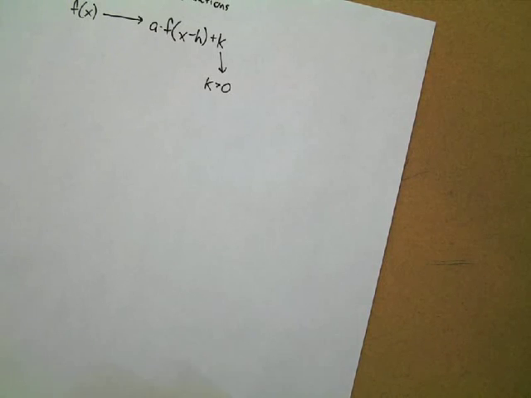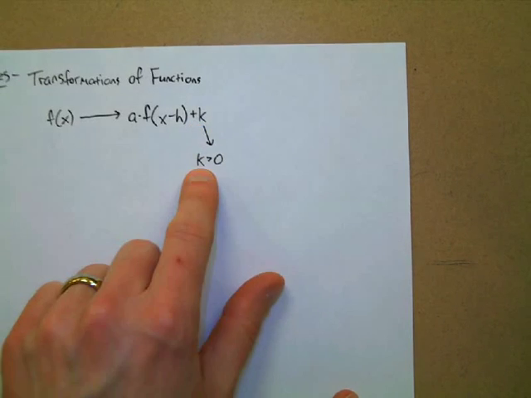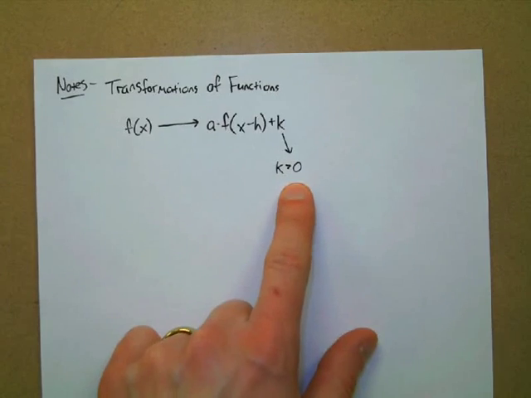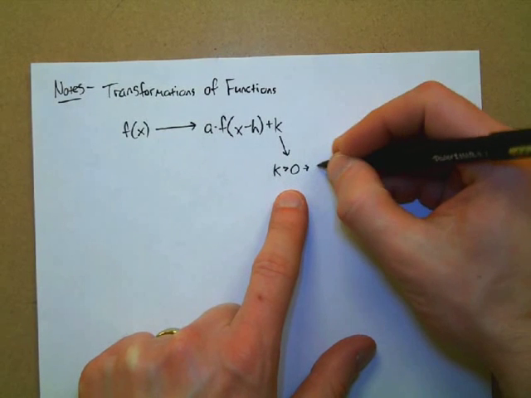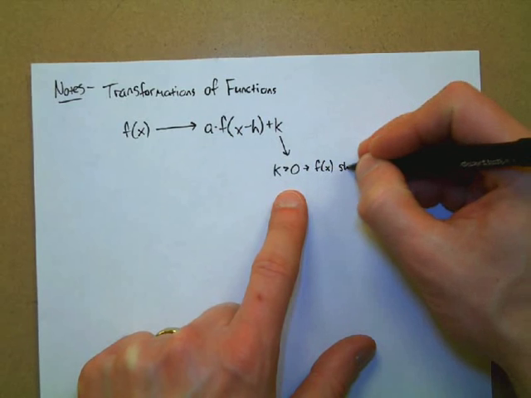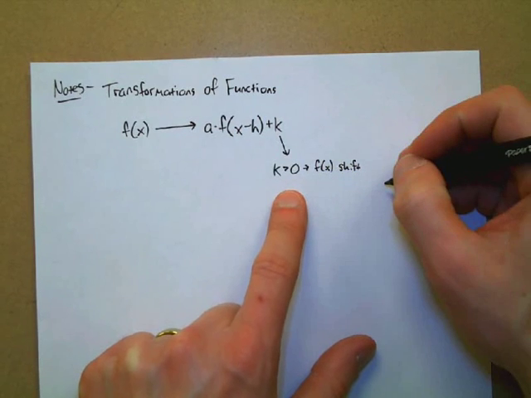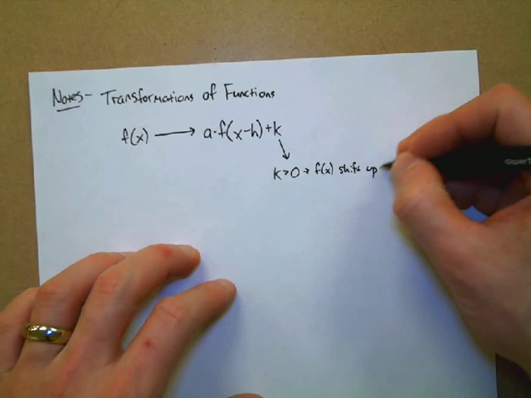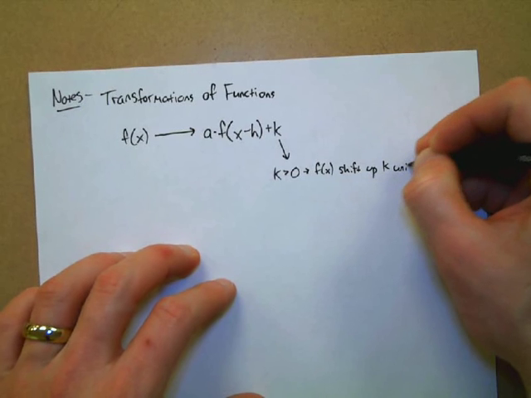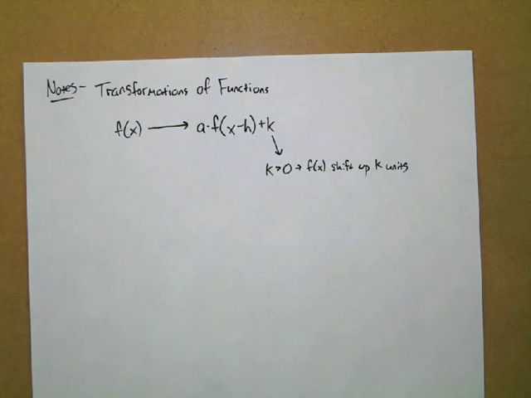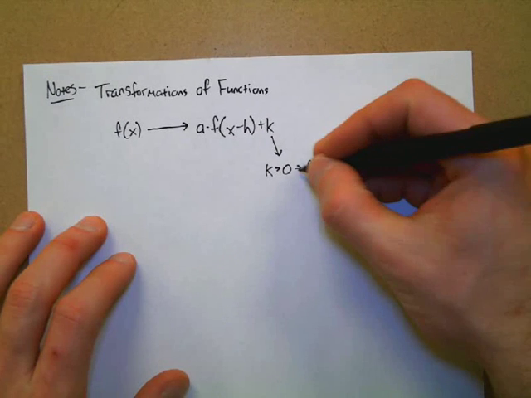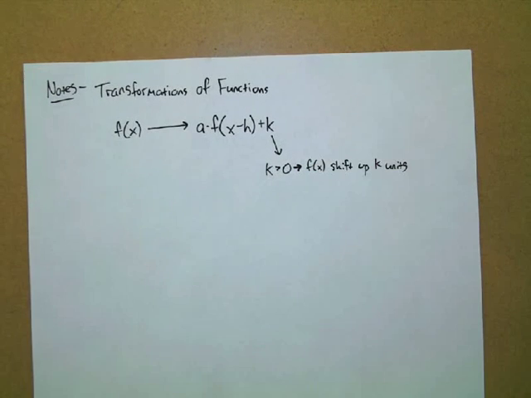So in this case, this plus k, if k is greater than 0, that means we're expecting our graph of f will shift up k units. So for that k there, if k is greater than 0, f of x shifts up k units.